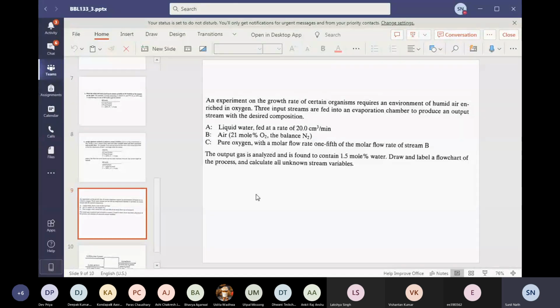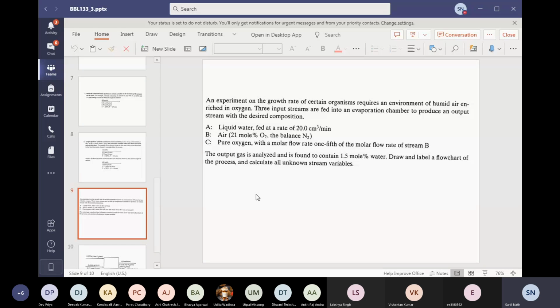You know the composition of the stream A and B, right? So please label that. Because you were sending in capital Q moles per minute of air, right? But we know its composition.